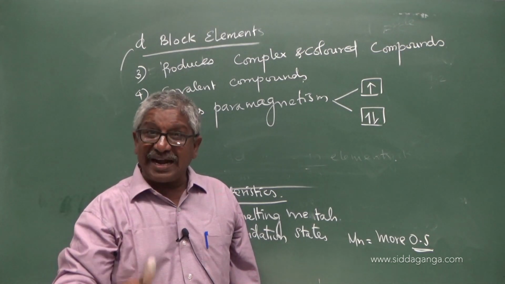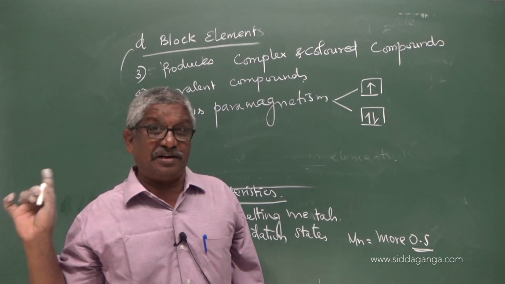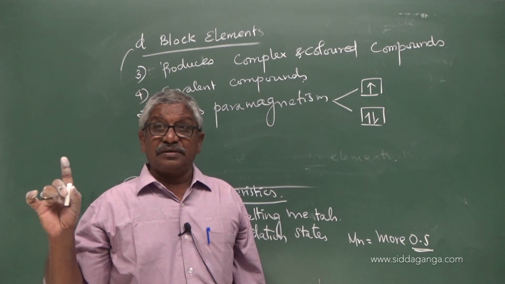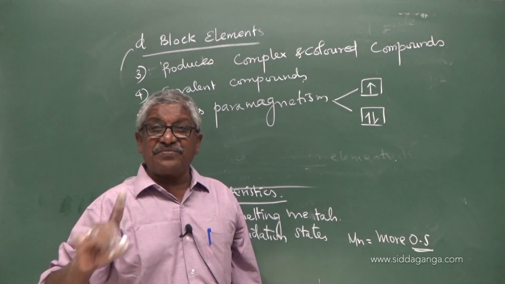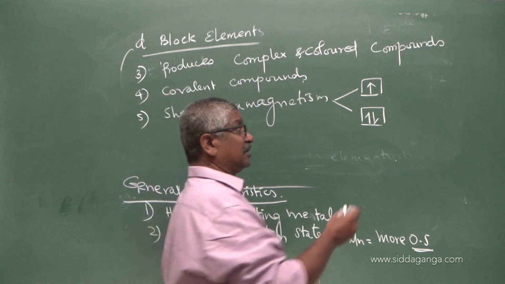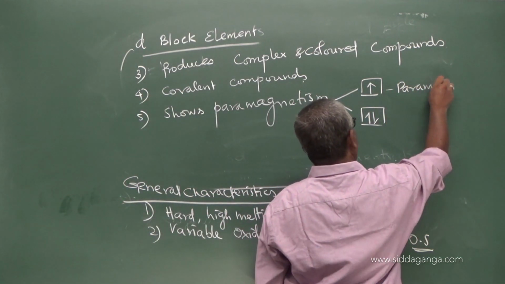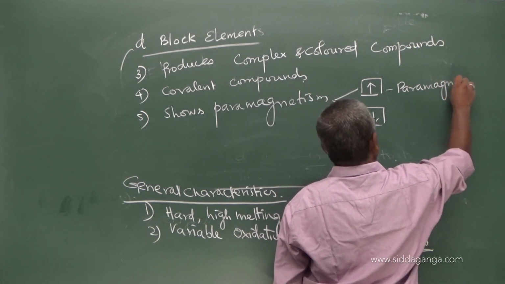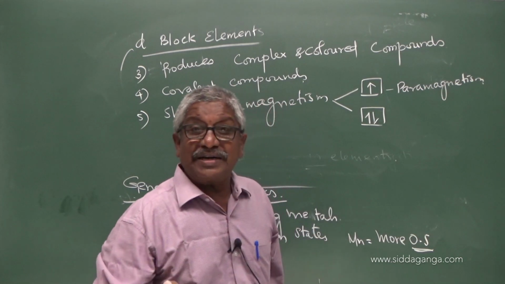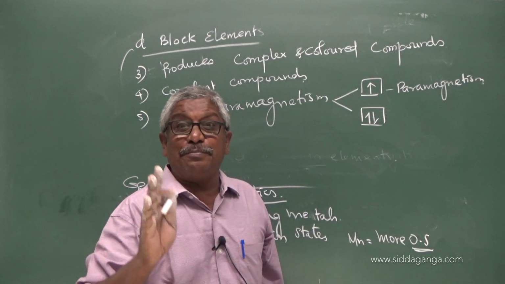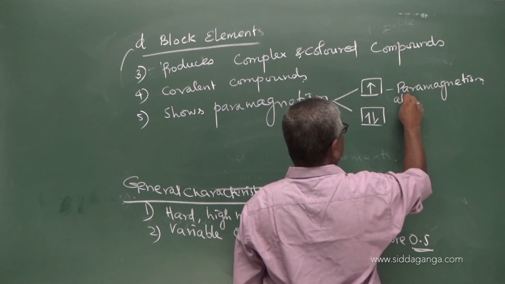If an atom has half-filled orbitals, that shows paramagnetism. Paramagnetism means attracted by the magnet.